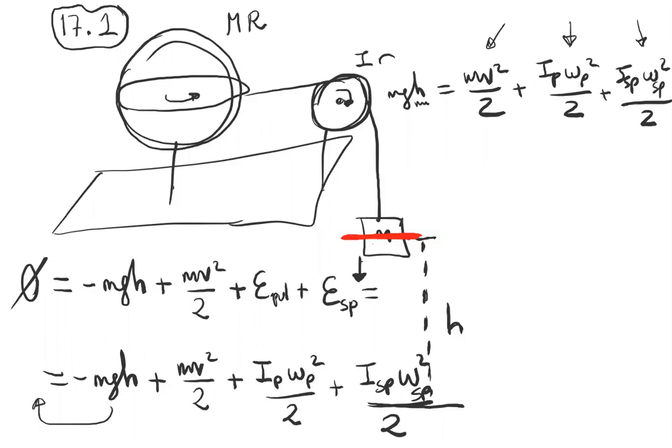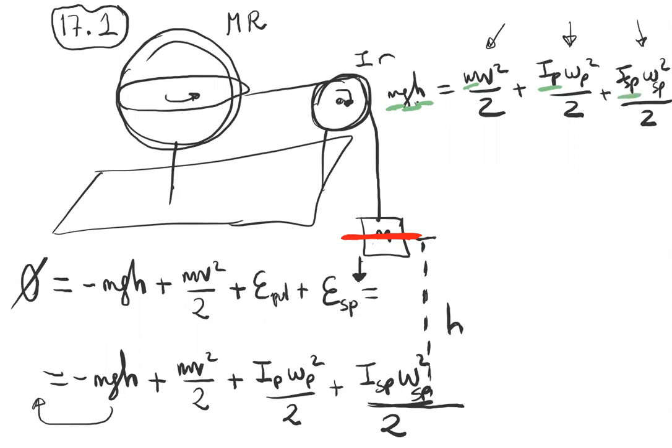Now, let's see what I know from here and what I don't know. So I do know, I think in the problem, you're given h, you know h, you know g, you know the mass. You know this mass, you know the moment of inertia of the pulley, and you don't know the moment of inertia of the sphere, but you can find it easily.